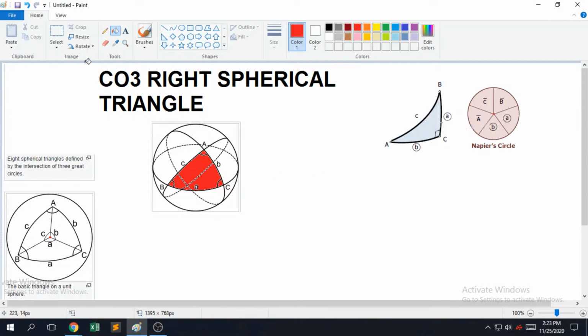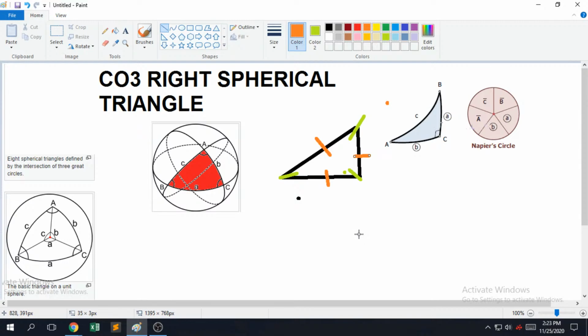So if you can remember, in a plane triangle, you have three interior angles, one, two, three, and you also have three sides, one, two, three.